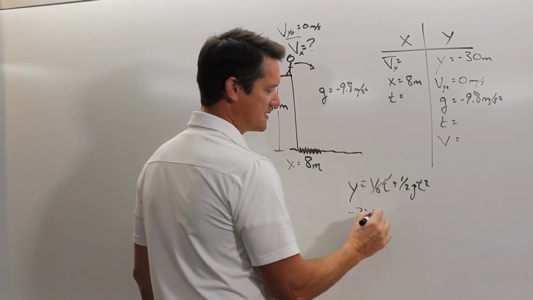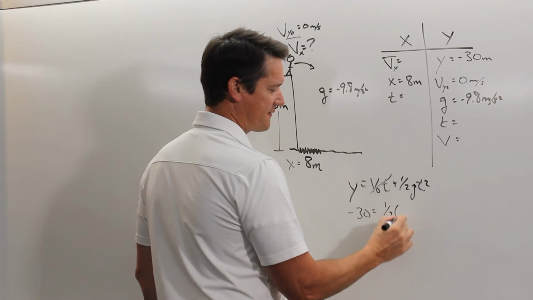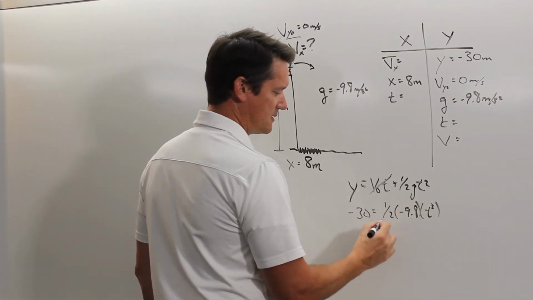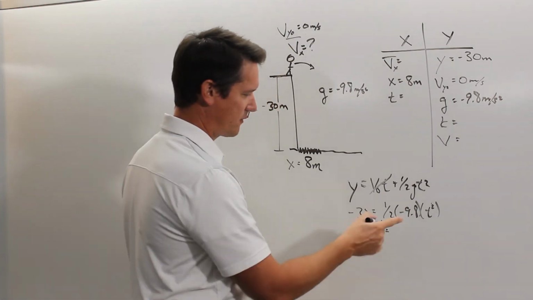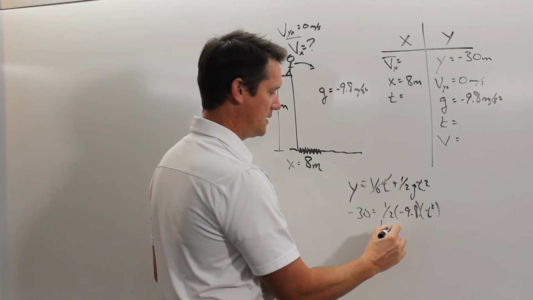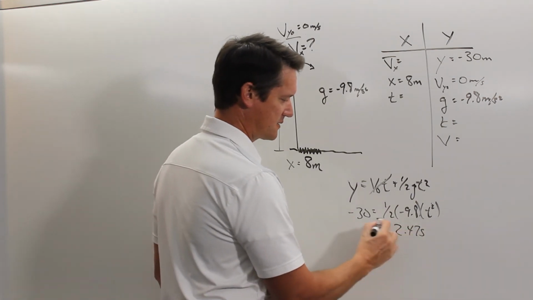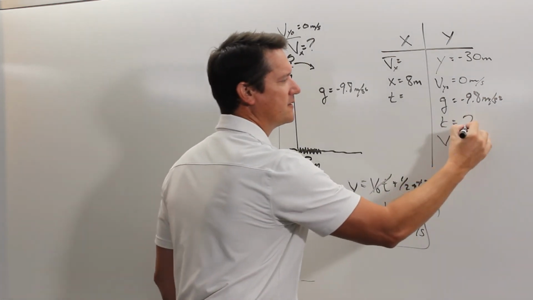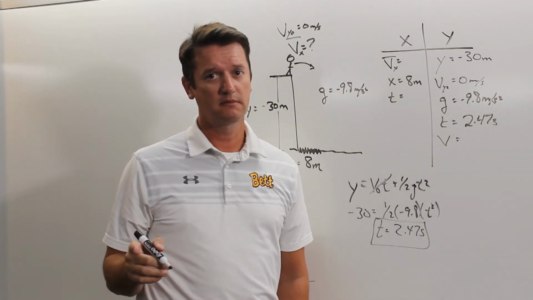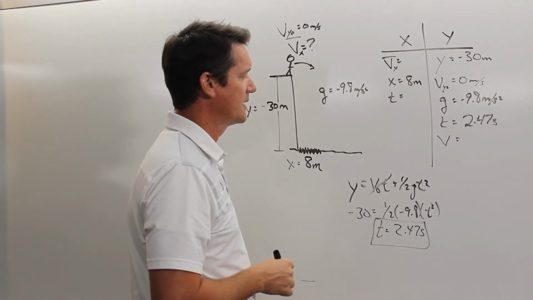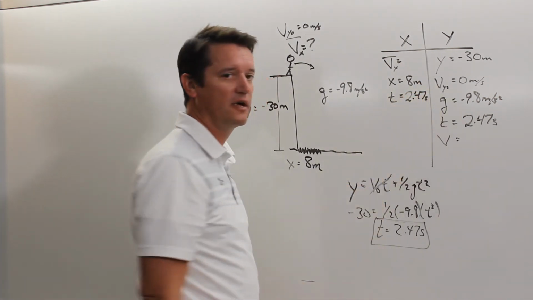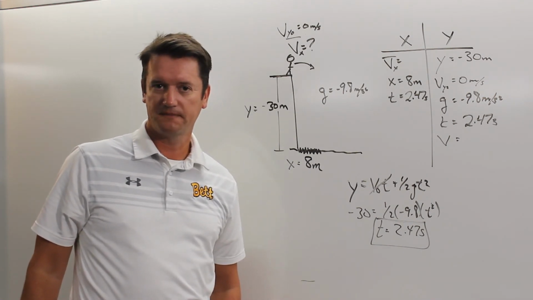So negative 30 is equal to 1/2 times negative 9.8 times t squared. T squared is 30 divided by 4.9. It's going to be 2.47 seconds. I can put that up here, 2.47 seconds. Let me try that and make sure I'm right, 2.47 seconds. Then that 2.47 seconds also goes over here in the x direction as well.